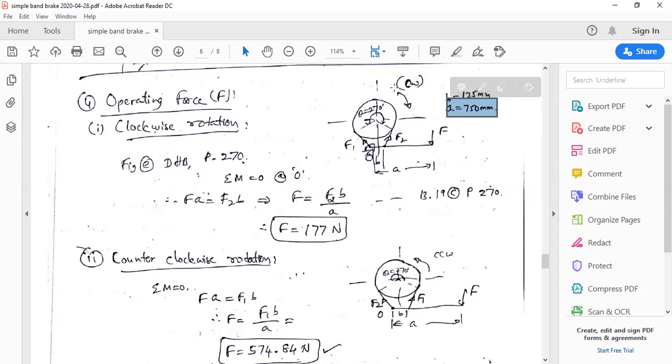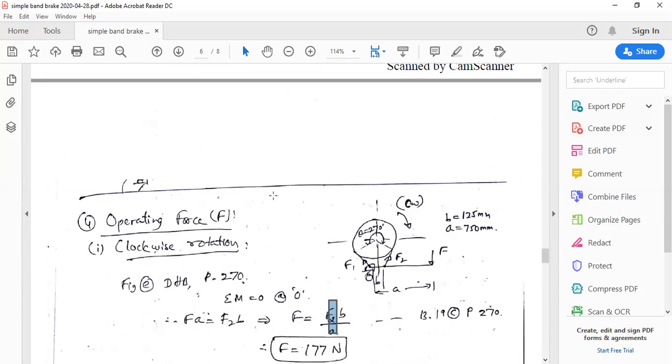The drum is rotating in the clockwise direction, and the angle of contact is 270 degrees. By using the equation of equilibrium, taking moments, F a equals F2 b, so we can directly substitute the value of F2 calculated in the previous step.